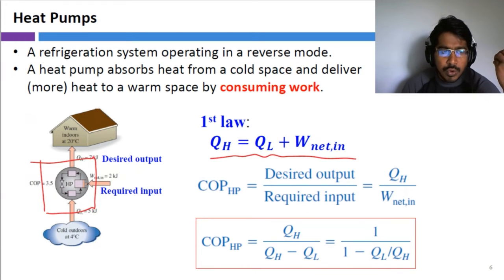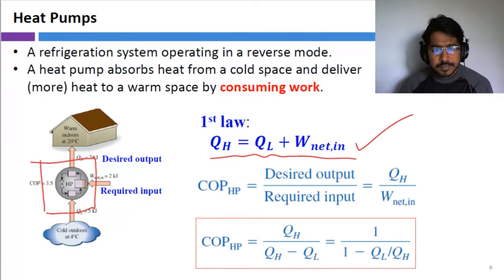In the previous case, our goal was not to heat the kitchen but to cool the refrigerated space, right? In this case, our goal is to heat the house, right? Everybody clear up to this point?